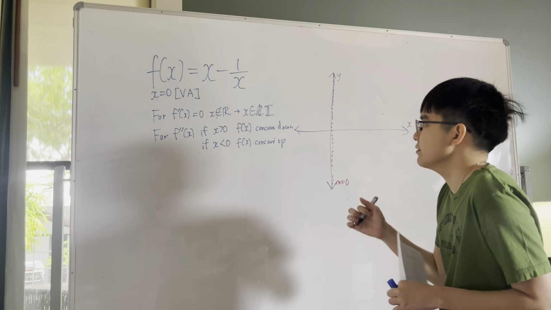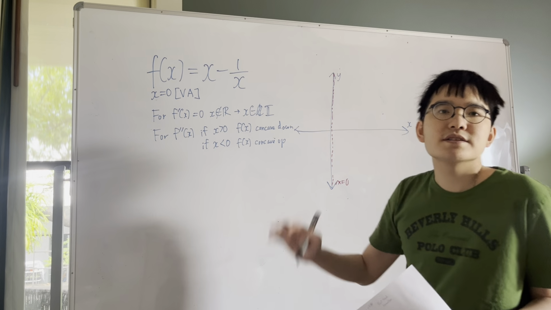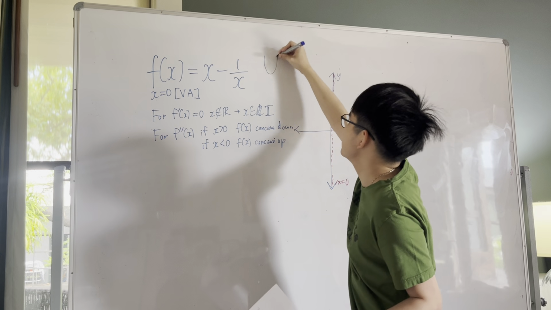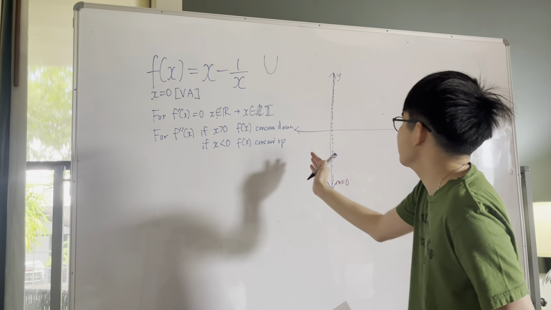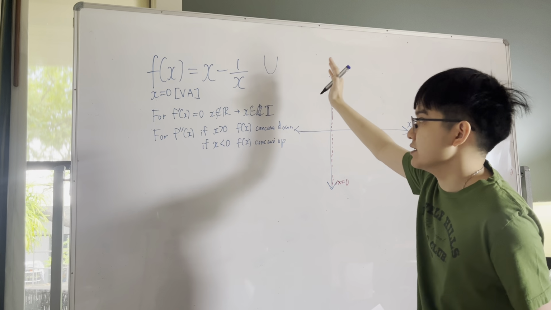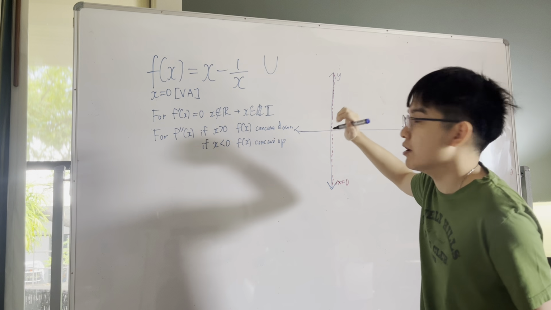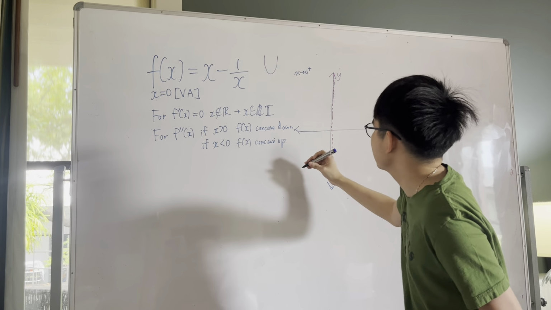If we know that for negative numbers it is concave up, we know that it's got to have kind of a U shape, sort of like an opening minimum parabola, but that it's going to eventually reach y equals positive infinity as x approaches 0 from the right hand side.